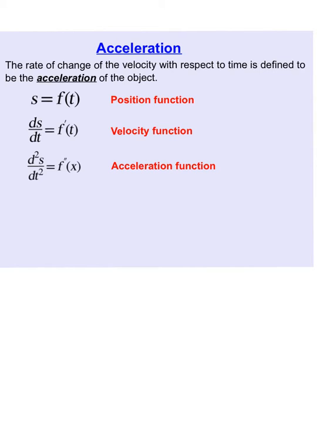So velocity is the rate of change with respect to time, whereas acceleration is the rate of change of velocity. So both have a specified direction, but velocity is measured in units per time, like feet per second, whereas acceleration is measured in units per time squared, so feet per second squared.